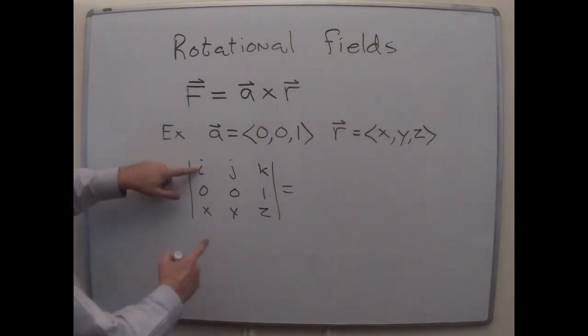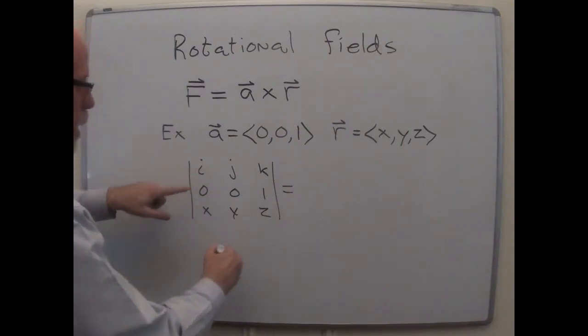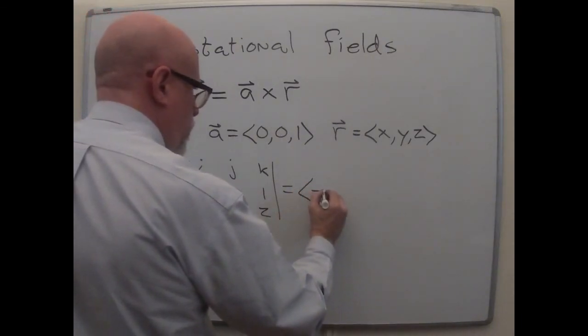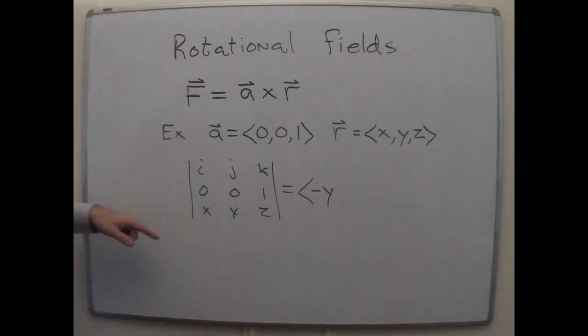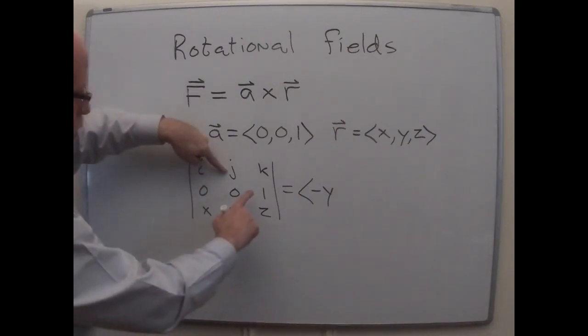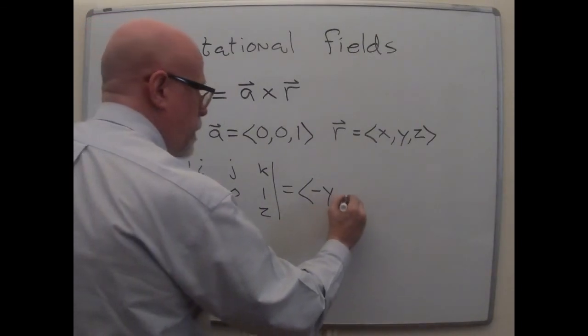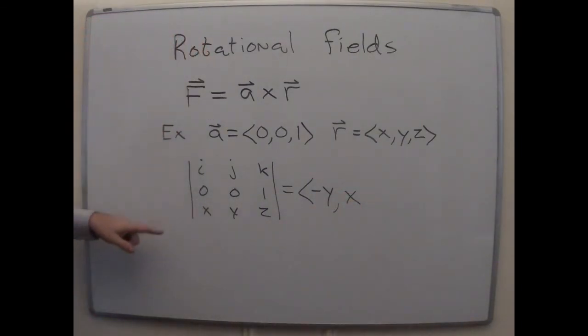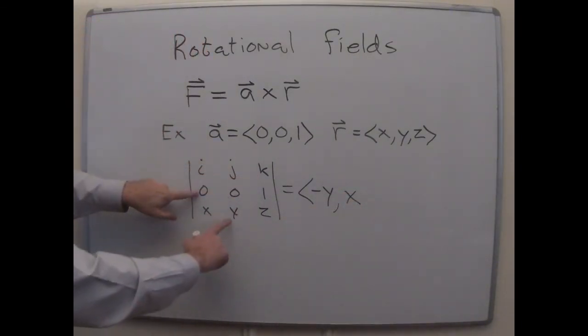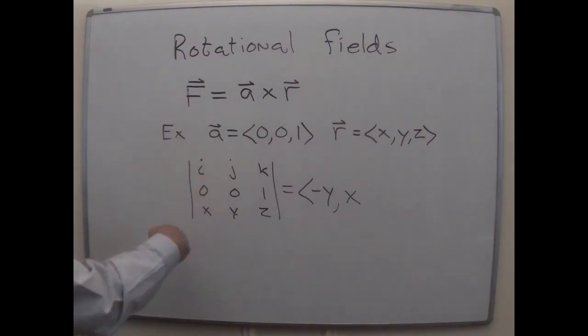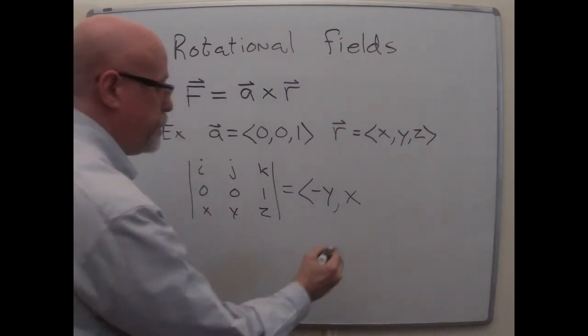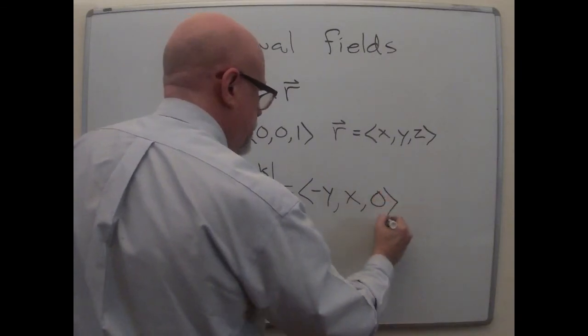When we go to i, it's 0 times z minus y. So in the i component, it's minus y. When we go to do j, it's 1 times x minus 0 times z, so that's just x. And when you go k, you get a 0 in both parts of the little x that you do there, so you get 0.